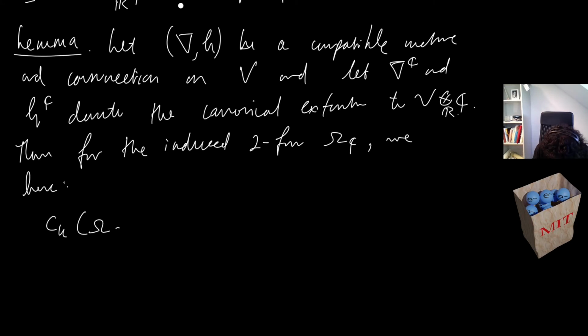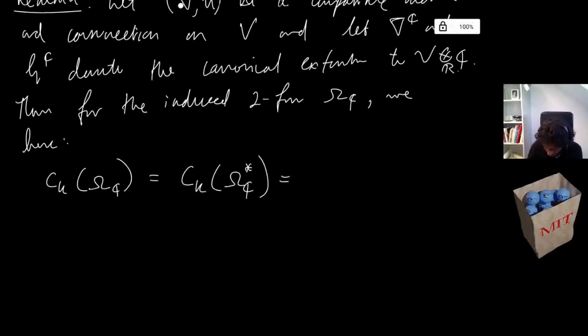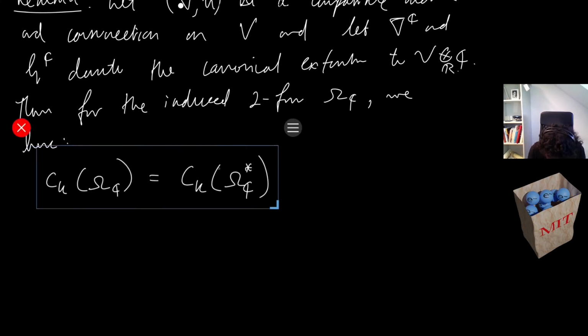C K of the complexified two form is C K of the adjoint two form. And then from the lemma before, we have, let me just leave it as this.